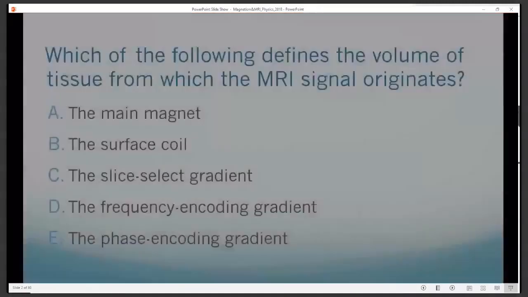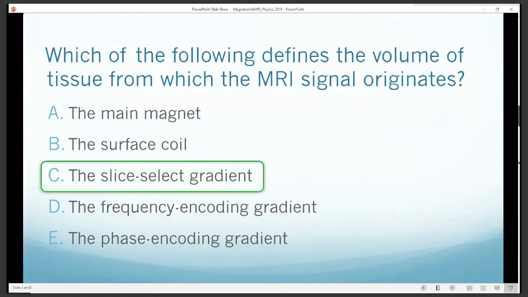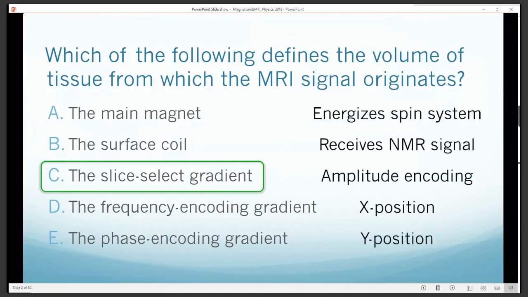Okay, so let's go over this. The correct answer is it's the slice select gradient. That defines the volume of tissue from which the signal originates. That's the amplitude encoding. The main magnet energizes the spin system, but it's designed to be very homogeneous and no changes across the volume from which we do the imaging.